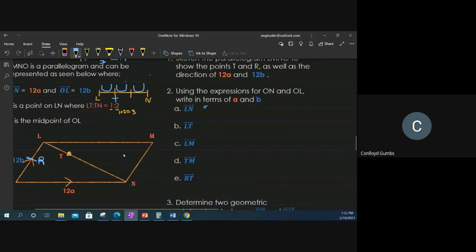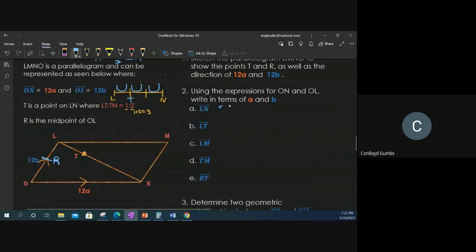So we're going from L to O, which would be easier for us. We go L to O, and then we add that to O to N. Now, L to O: it told us that OL was 12B.